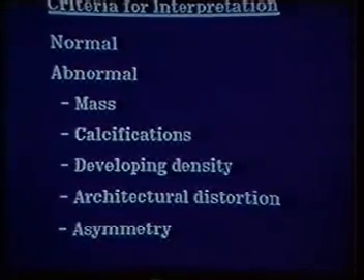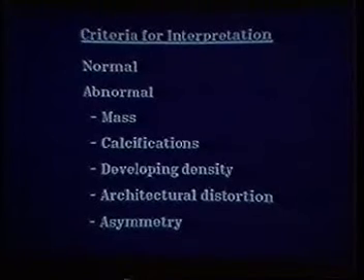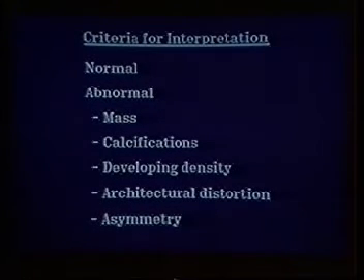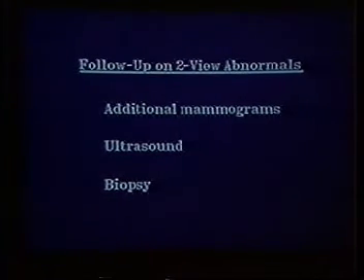Criteria for interpretation, the same as before, normal versus abnormal, and of course we can categorize what the abnormalities are. As you'll see, they turn out mostly to be masses. Follow-ups would involve either additional mammography, ultrasound, biopsy, or some combination of these.